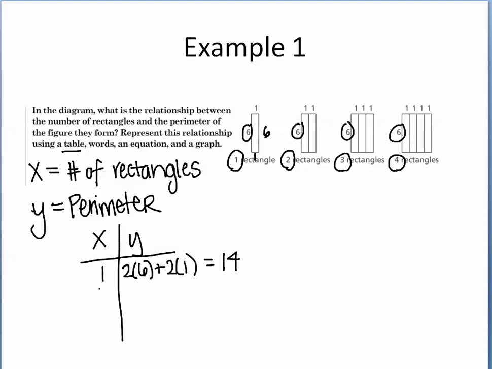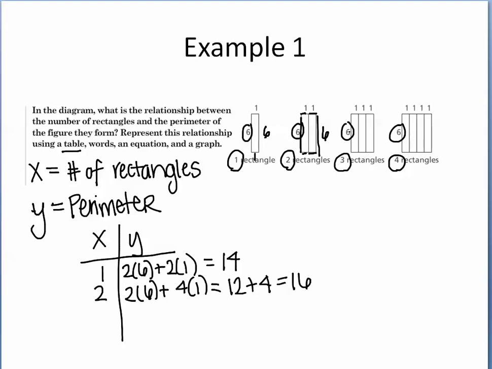So that's our perimeter. With two rectangles, we have 6 here, 6 here, so there's 2 6's, plus, well, let's see, how many 1's do we have? We have 1, 2, 3, 4 1's. So I'm going to say there's 4 1's. So that gives me 12 plus 4, which is 16.